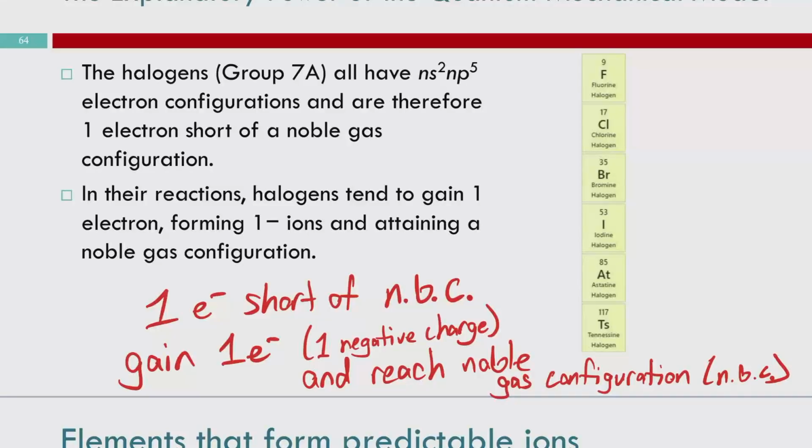So that's why all of our halogens have a 1 minus charge when they form an ion. It's pretty easy to just pick up 1 electron or steal 1 electron.